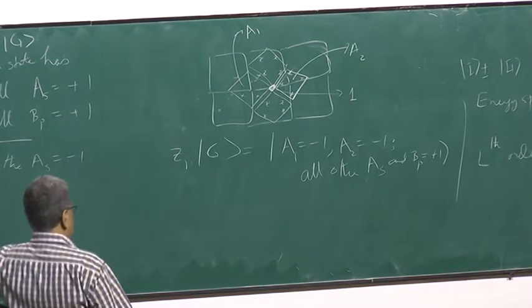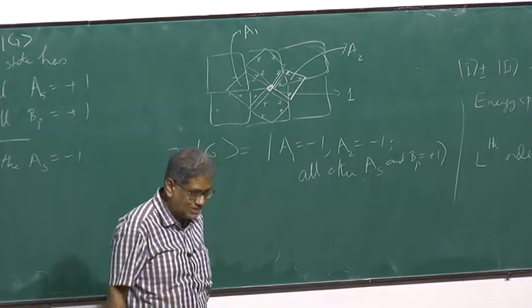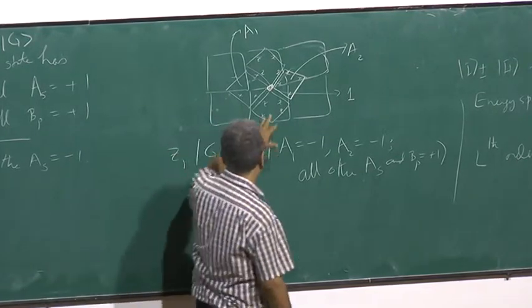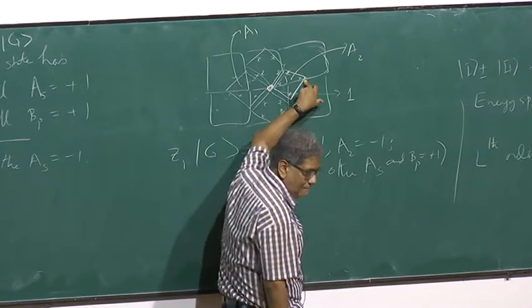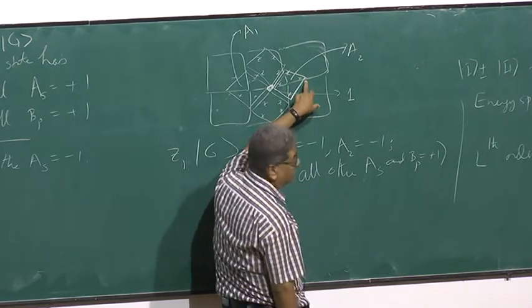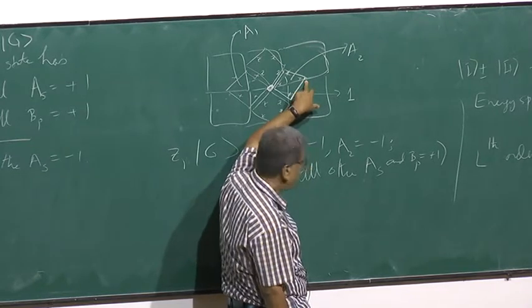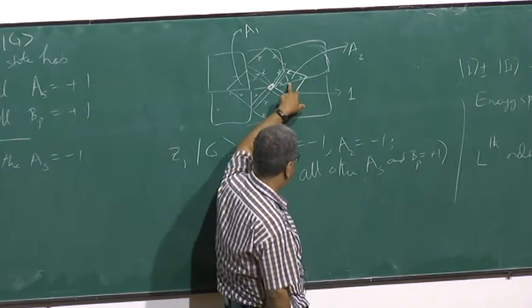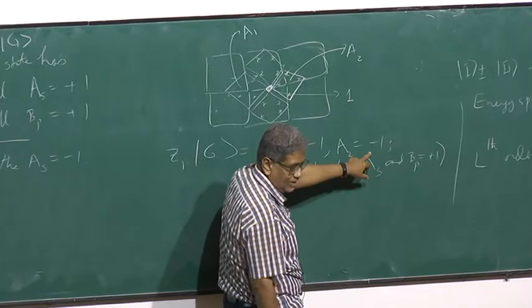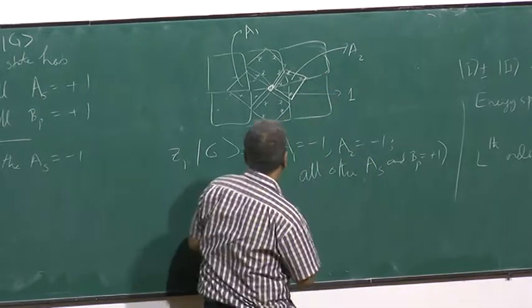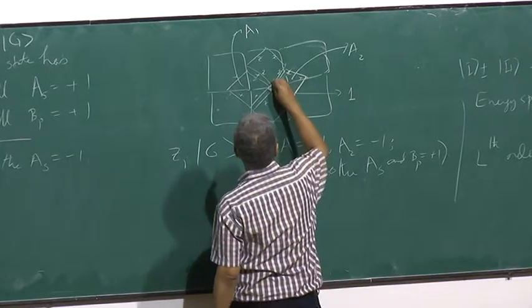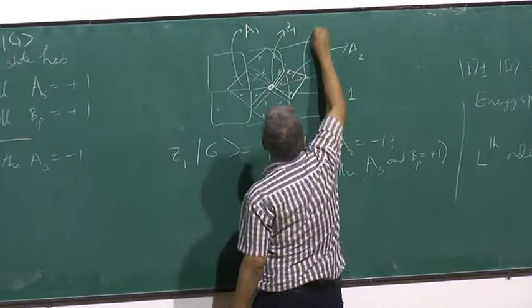So what do you do to get a single excitation? You act on this with a z sitting there. That will flip the sign of this a, so that will become +1, but the next a will flip to -1. So this is z 1, let us say this is z 2.